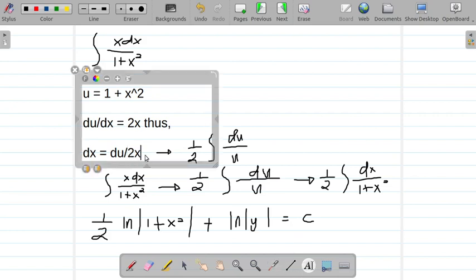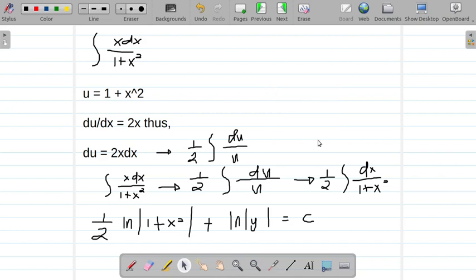Then, we take du. What remains is du is just equal to 2x dx. So, this equation can be written as du over u.